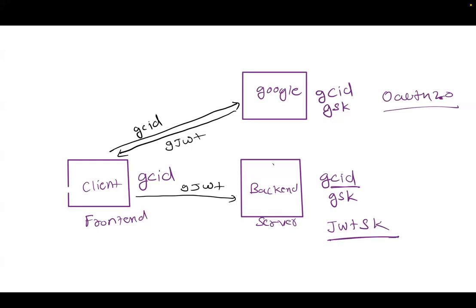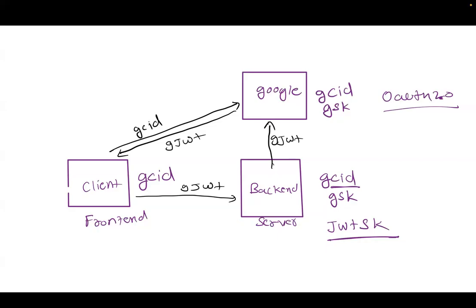So our backend will send this Google JWT to Google and ask, is this a valid JWT which you generated? If Google says yes, then this is a valid JWT token. Why are we verifying? Because if we do not verify, anyone can generate any JWT and just send it to us in the backend. So we shouldn't allow that user to log in.